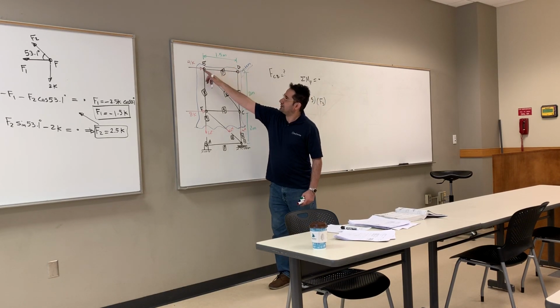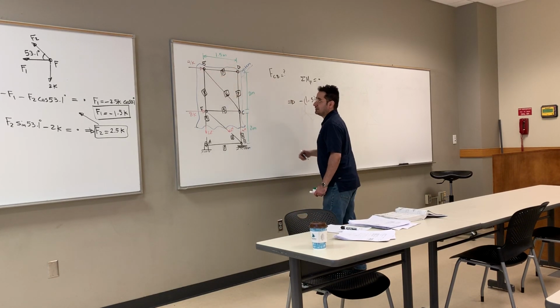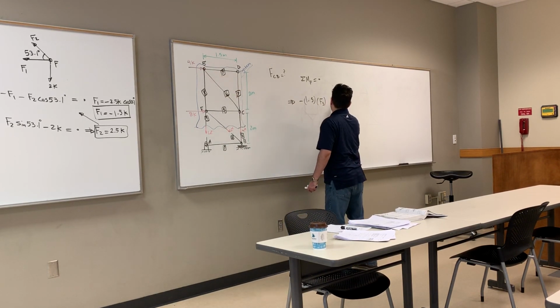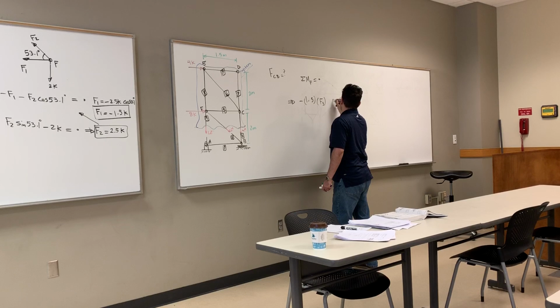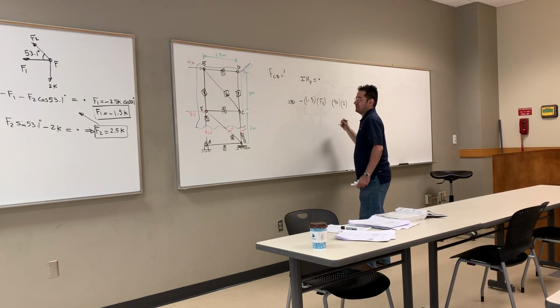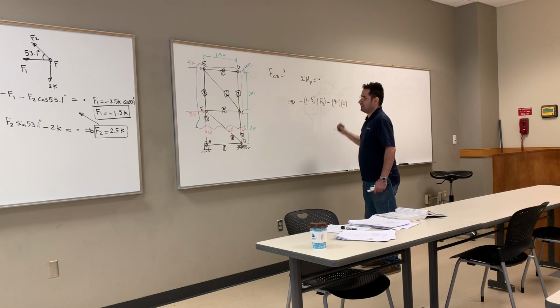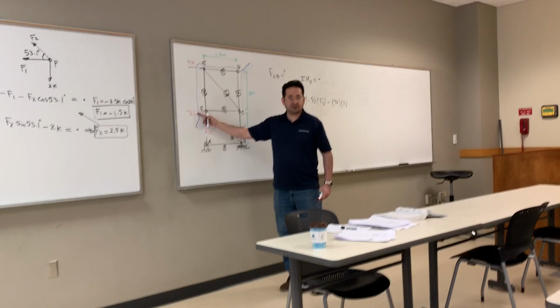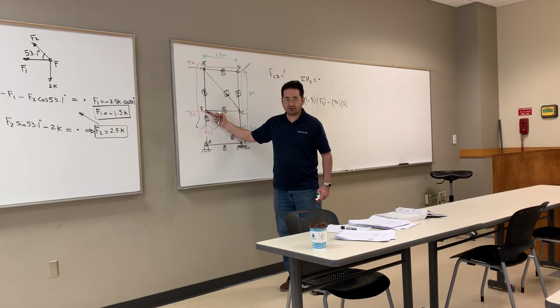The next one. 4K times 2. Positive or negative? Negative. And then 8K times 2, with respect to this, 0. It goes right through this point.